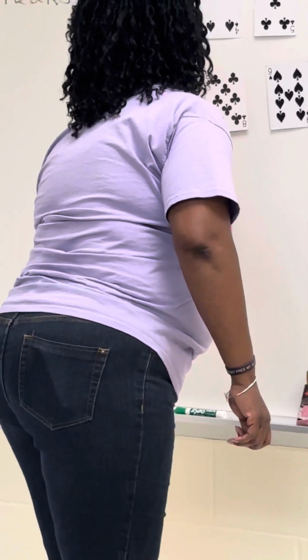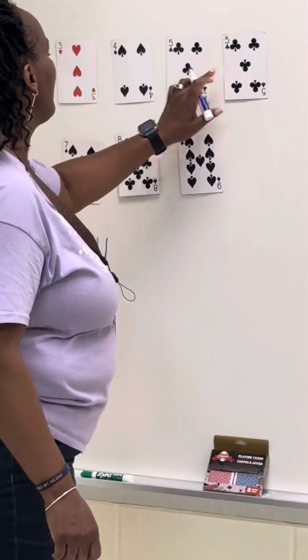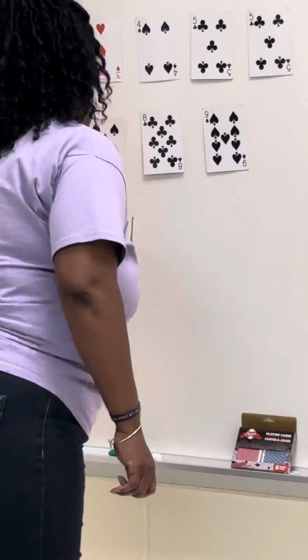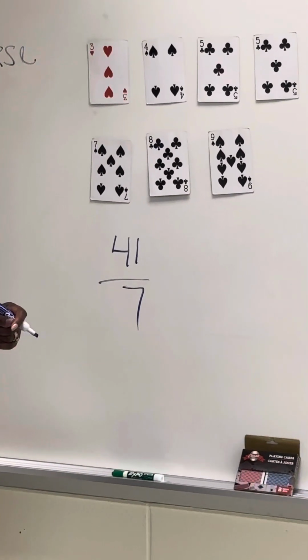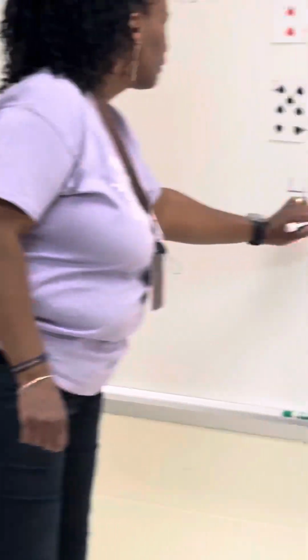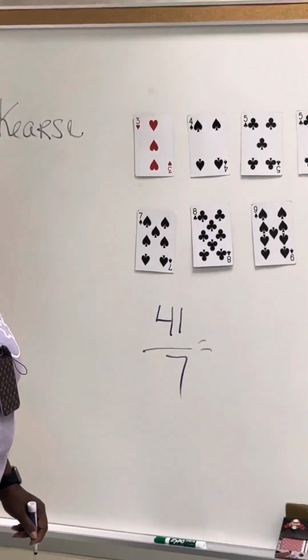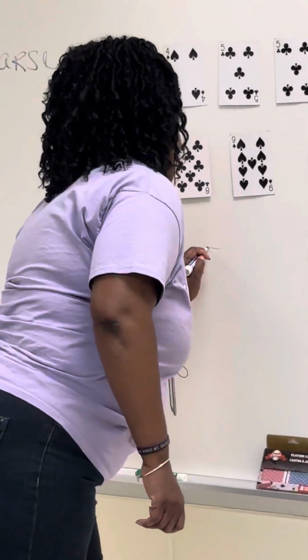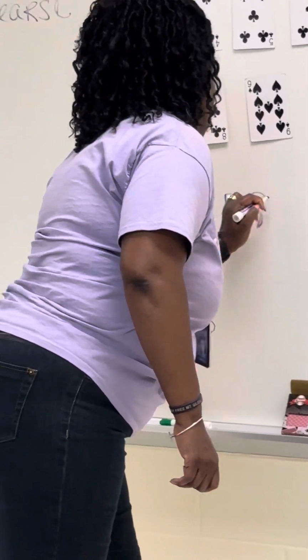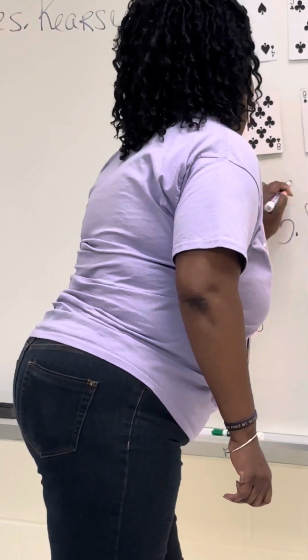Okay. Divided by 1, 2, 3, 4, 5, 6, 7. So what is 41 divided by 7? That's going to be our answer. It's going to be a decimal. Okay, it's fine. 5.85. So that's our answer.